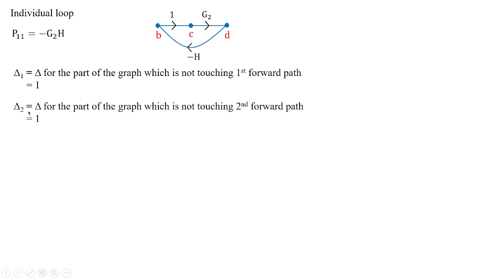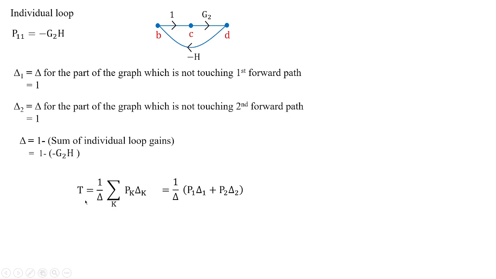Similarly, the second forward path has a delta for the part of the graph which is not touching the second forward path, that is equal to 1. So in fact, delta will be equal to 1 minus the sum of individual loop gains, which is 1 minus of this minus G2H.